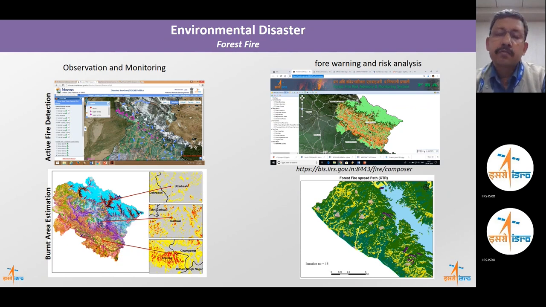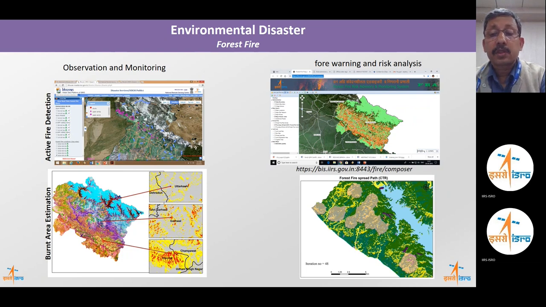Then we have the weather WRF, that is the weather forecasting models, and which includes the wind speed, wind direction, the precipitation, temperature profile, etc. And also another algorithm, which is basically what you call cellular automata, which identifies how a particular cell or how the fire will move from one cell to other.